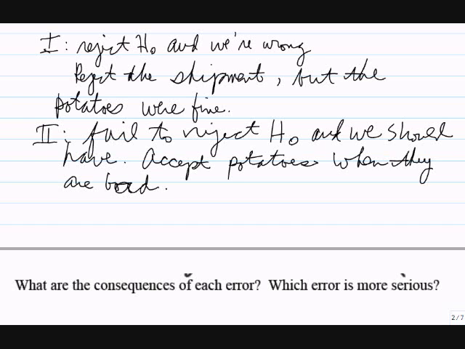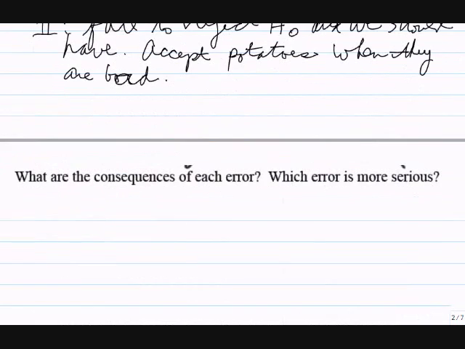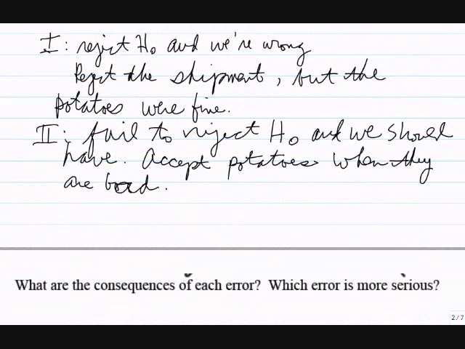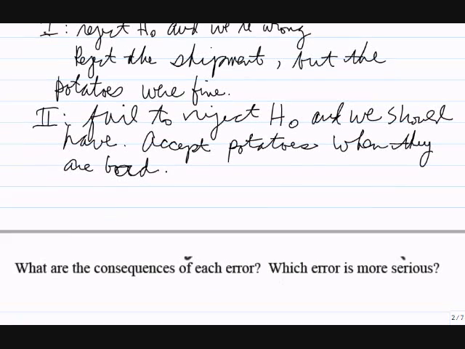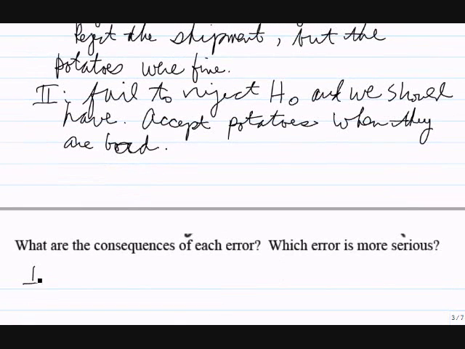Okay, all right. What's the consequence of the type 1 error in this case? We have rejected the shipment of potatoes when the potatoes were fine. What kind of consequence is that? Who's going to lose money?